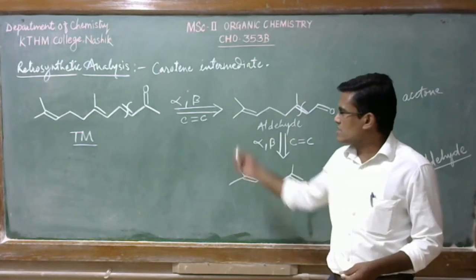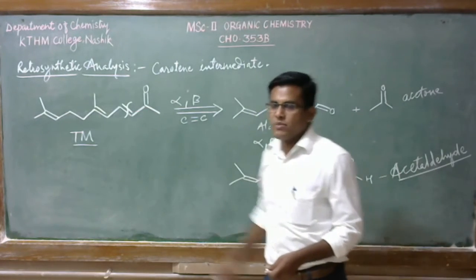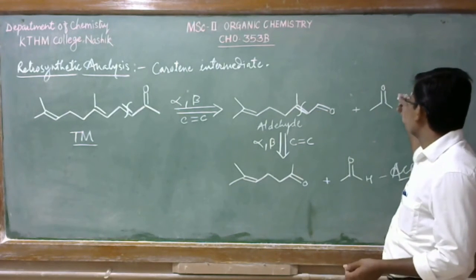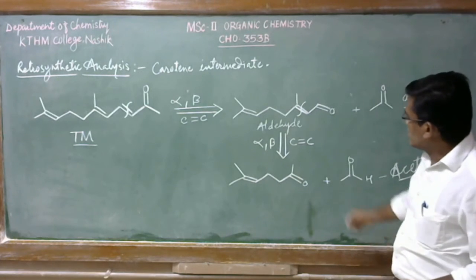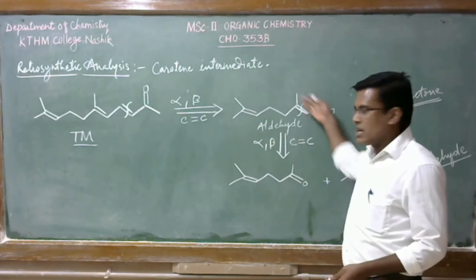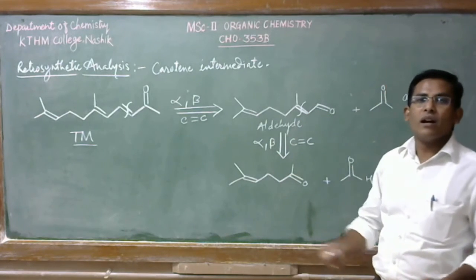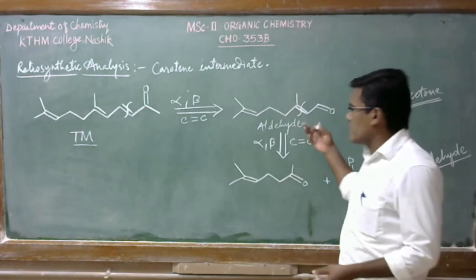So in the first disconnection, when you disconnect this carbon-carbon double bond, we get these two chemical reagents. Acetone is readily available. So this precursor can be disconnected further, since it has one more alpha beta unsaturated carbonyl functionality.